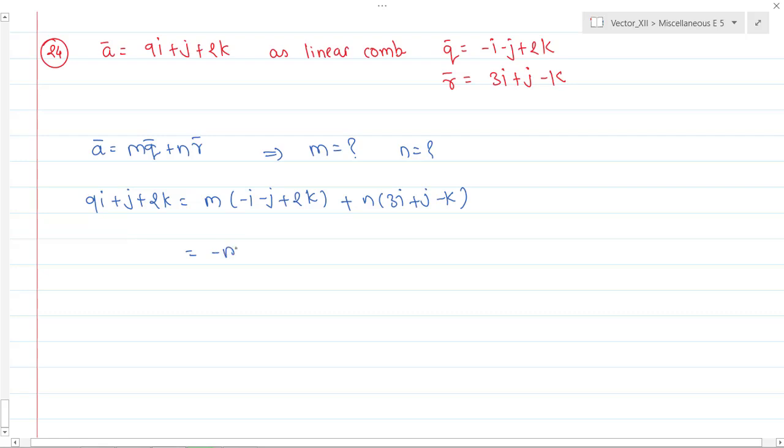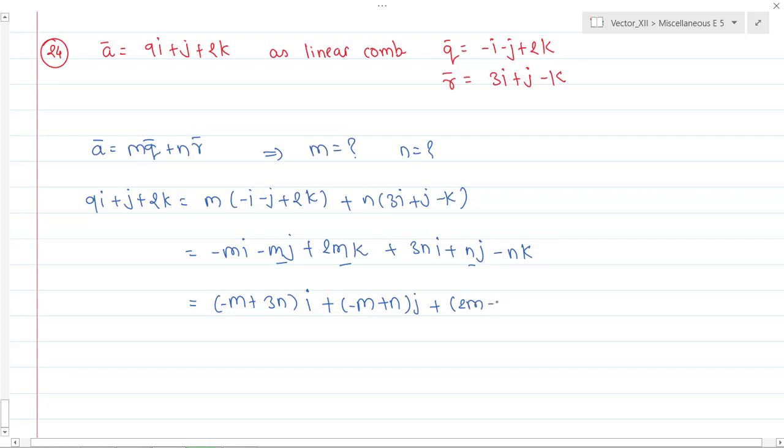which equals minus mi minus mj plus 2mk plus 3ni plus nj minus nk. Now let's combine the same coefficients. The i coefficient is minus m plus 3n, for j we have minus m plus n, and for k we have 2m minus n.